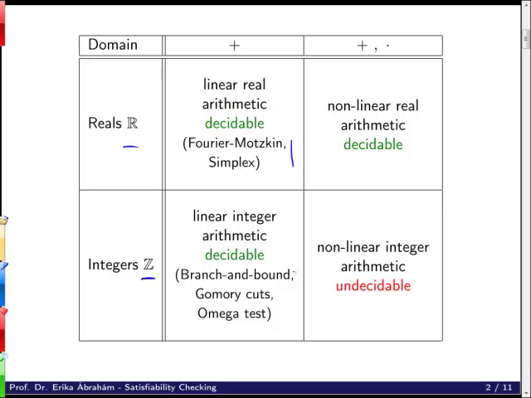What we will not deal with is integers with addition and multiplication. And the reason is there are only incomplete decision procedures. This logic is undecidable, so you can encode the halting problem therein. So this is the part which we will deal with in the next 2 weeks.